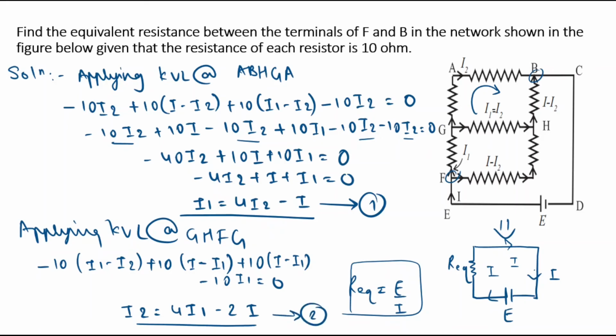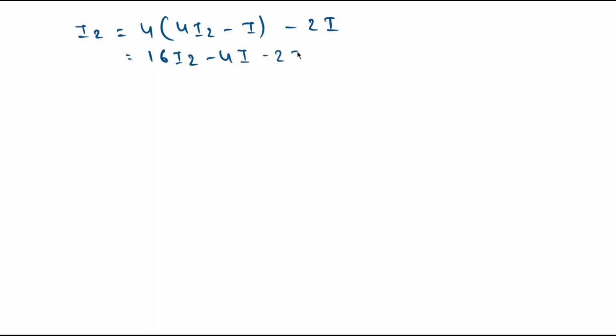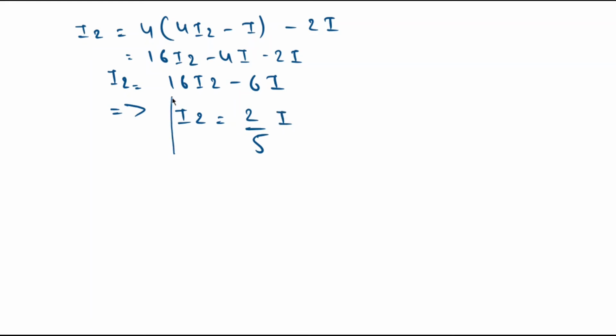Now what you will do is, you will put the value of I1 that we got in equation 1 into this equation, which will give us I2 equal to 4 into (4 I2 minus I) minus 2I, which is equal to 16 I2 minus 4I minus 2I, which is equal to 16 I2 minus 6I, which implies I2 will be 2 by 5 I. Now once we got the value of I2, let's put the value of I2 in equation 1.